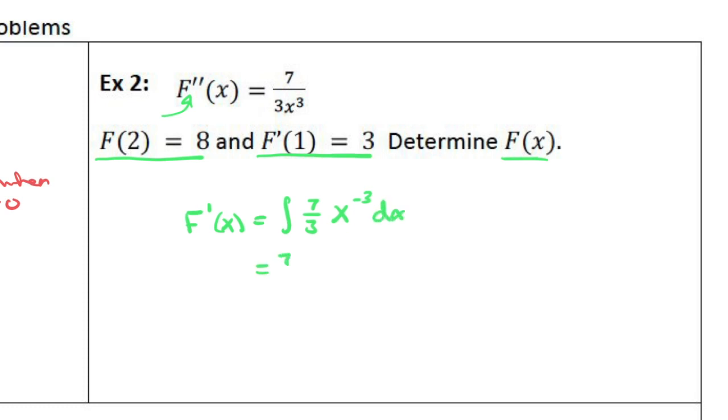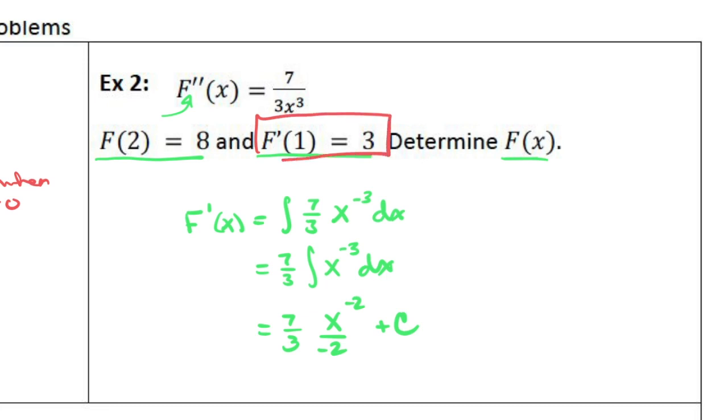In which case, I'm going to factor that 7/3 out just to get it out of my way, and just think about x to the -3 dx. Add 1 to your exponent, divide by the new exponent, and we have x to the -2 over -2 plus c.